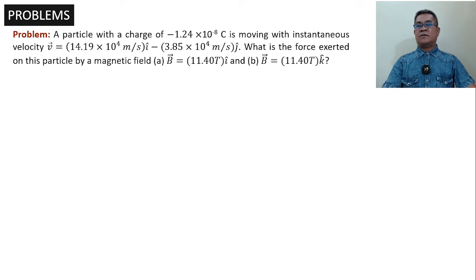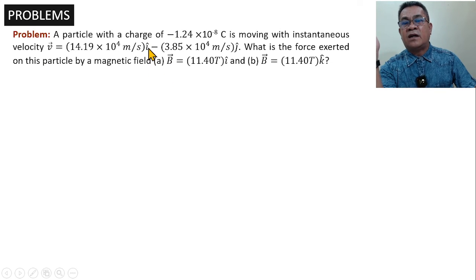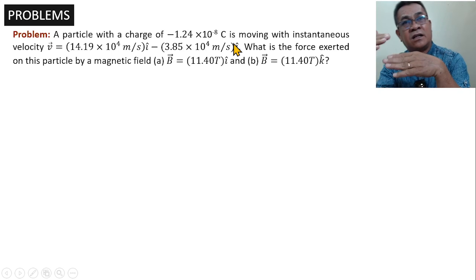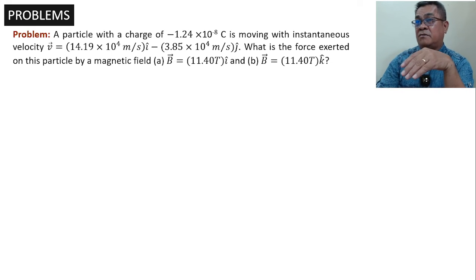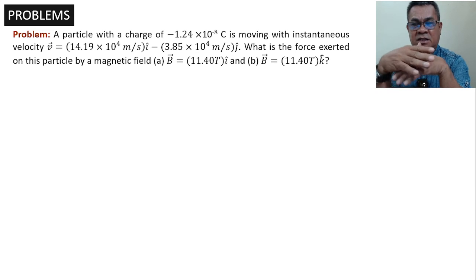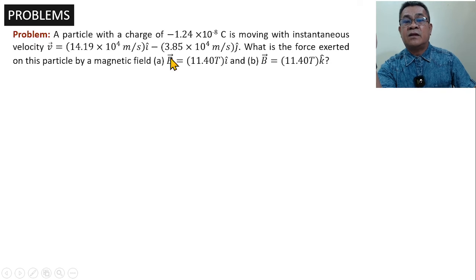The velocity is given in terms of I hat and J hat, which means this is not lying strictly along positive or negative x. It's not in one dimension. It is moving in two dimensions, along x and along y.